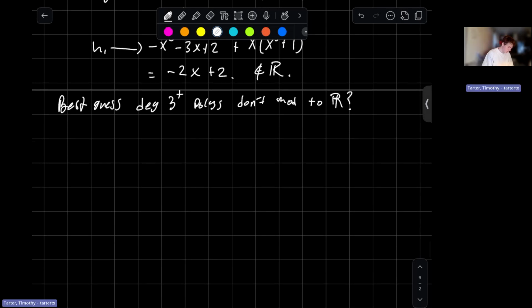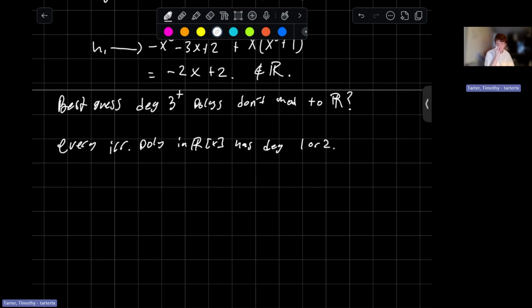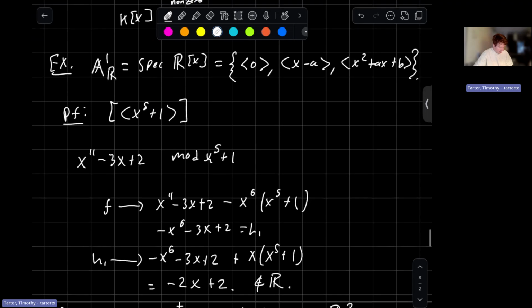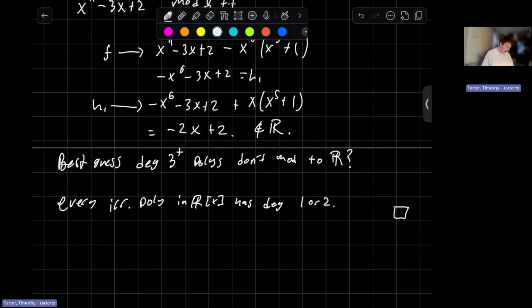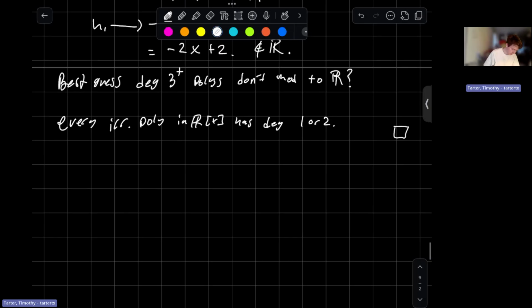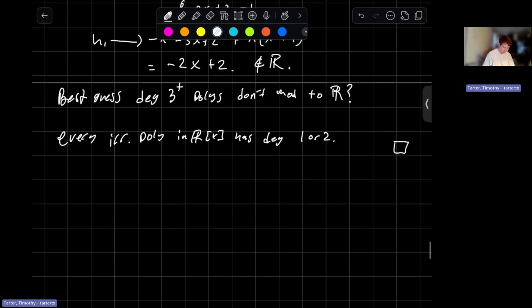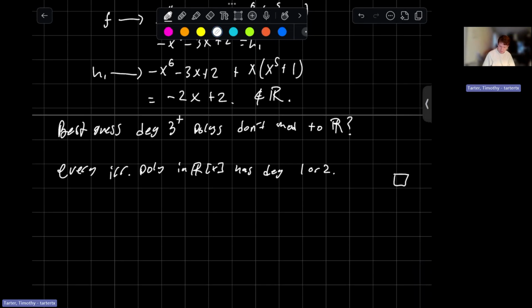I guess it's that. So I was right when I said every irreducible polynomial in R[x] has degree 1 or 2. Okay, I'm a little more happy with that.